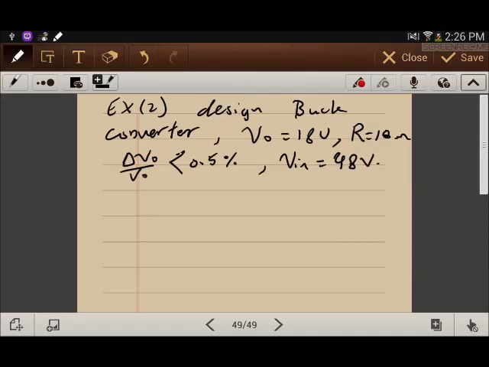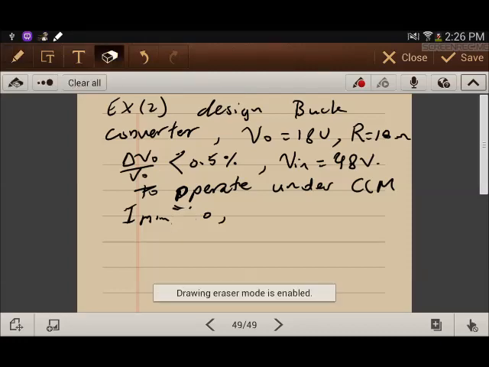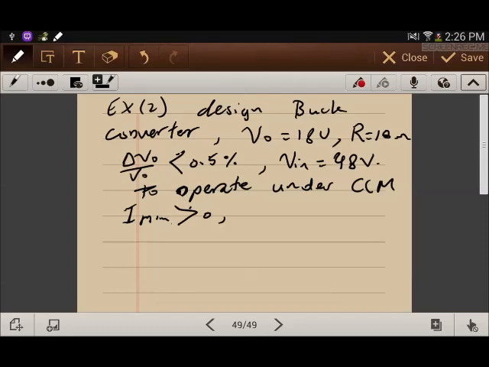So I want this converter to operate under CCM, and I mean that the minimum current should be greater than 0.